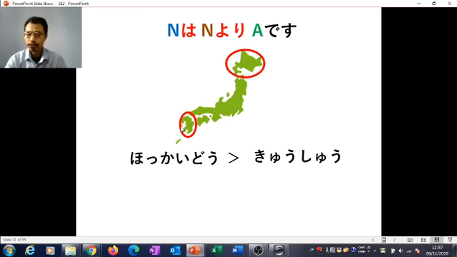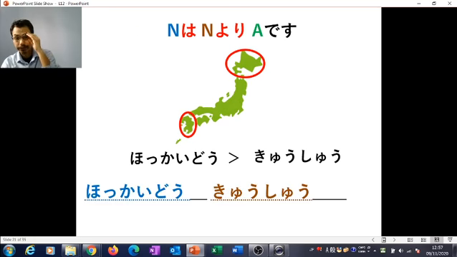Alright, so in order to create a sentence like this, the first word, the one you are going to make a comparison with, you need to put it first as a topic. And then the next one is the word you are going to put as a benchmark.